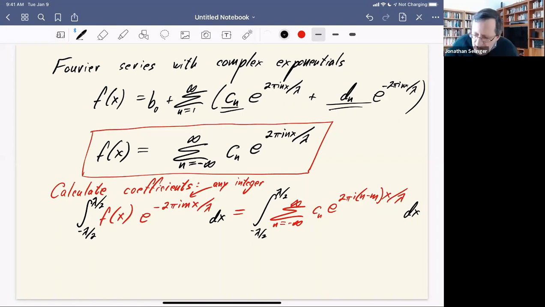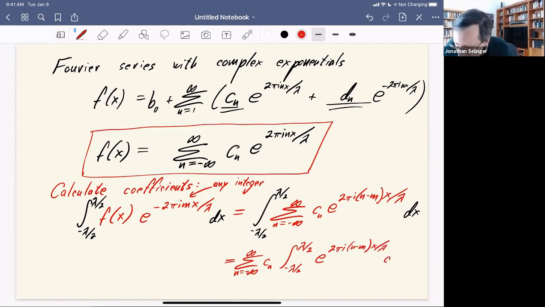Now I can simplify the integral on the right side of that equation. The right side is a sum over n of Cn times this integral of e to the 2 pi i (n minus m) x over lambda dx. And we can do this integral.